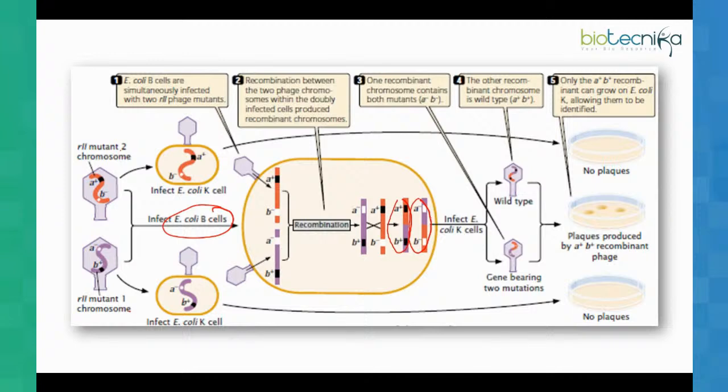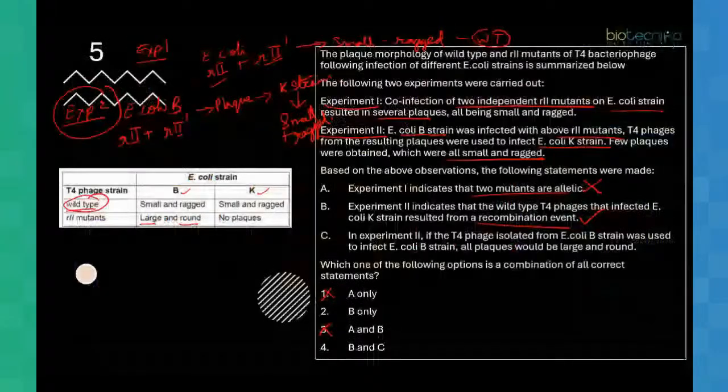A minus B minus will not be able to grow, but A plus B plus is the wild type and will grow. When we take these plaques and infect the K cell, we get plaques. So who is forming plaques? These recombinants are forming the plaques. So this shows recombination.